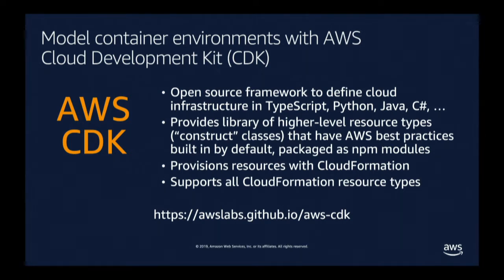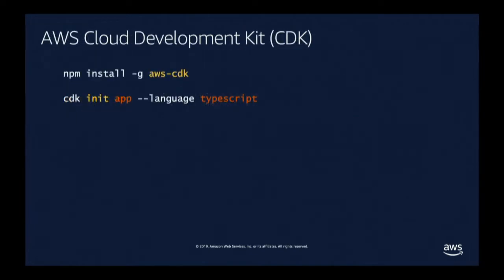But what if you want to create more traditional infrastructure, like virtual machines, load balancer, different types of service? We introduced last year the CDK. The CDK is a Cloud Development Kit. And the idea with the CDK is to allow you to write code for AWS in your preferred programming language. So we do support TypeScript, we do support Java, we do support Python.